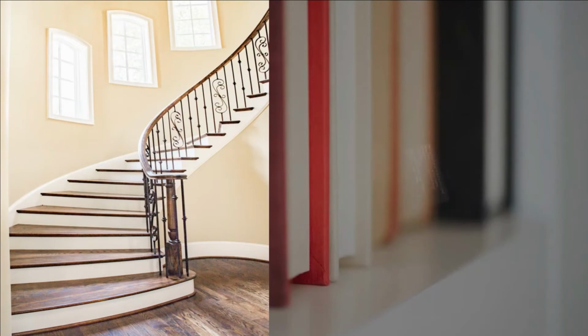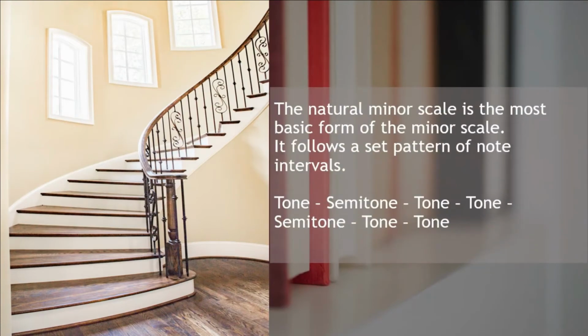The natural minor scale is the most basic form of the minor scale. It follows a set pattern of note intervals similar to that of the major scale. It is like rearranging the major scale starting from the 6th degree.